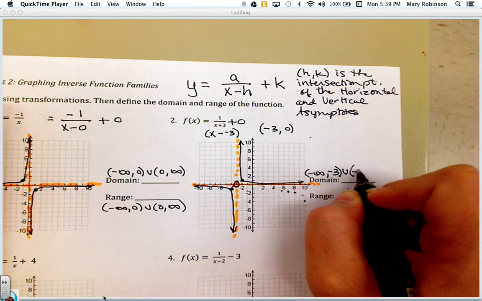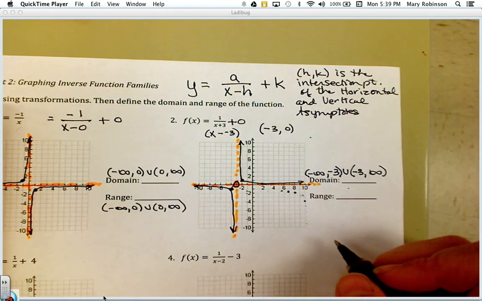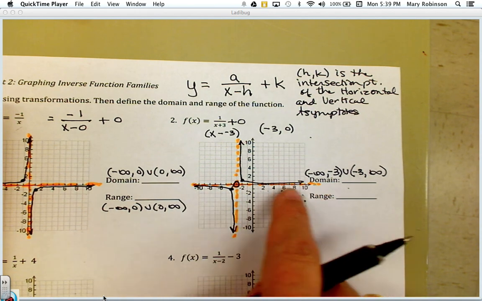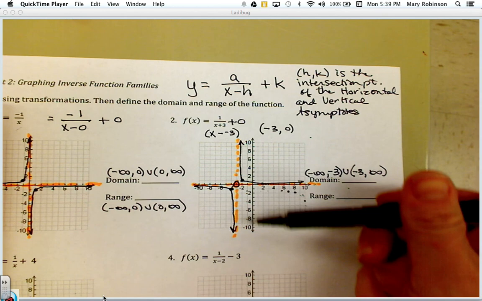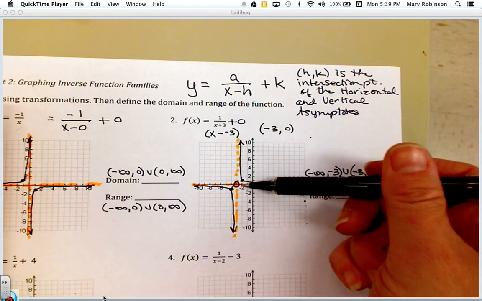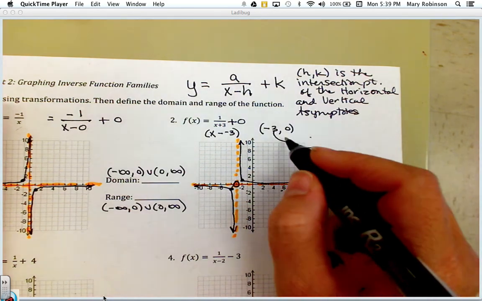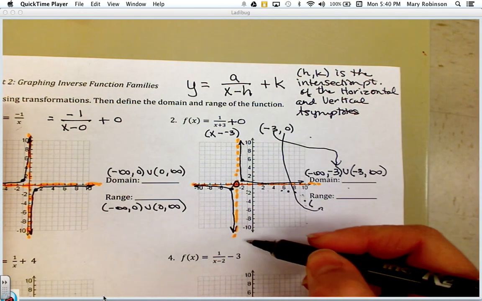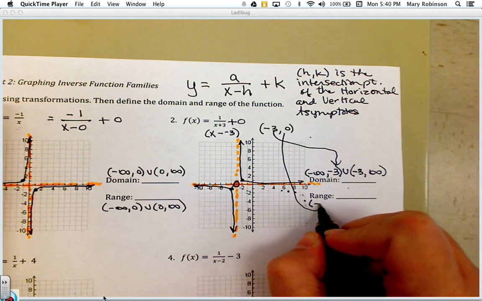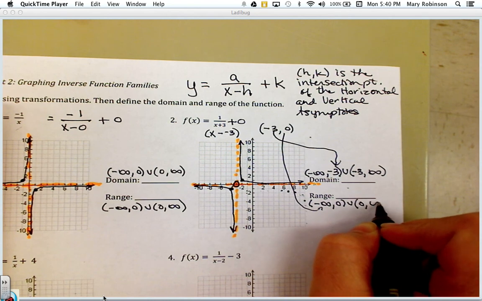Union, it picks back up after -3 and continues right forever. So all of our x values except -3. So our range is all values except 0. If you notice, the h and k again are going to play into our domain and range that we create. So for our range, it's from -infinity up to, but not including 0, union 0 to infinity.